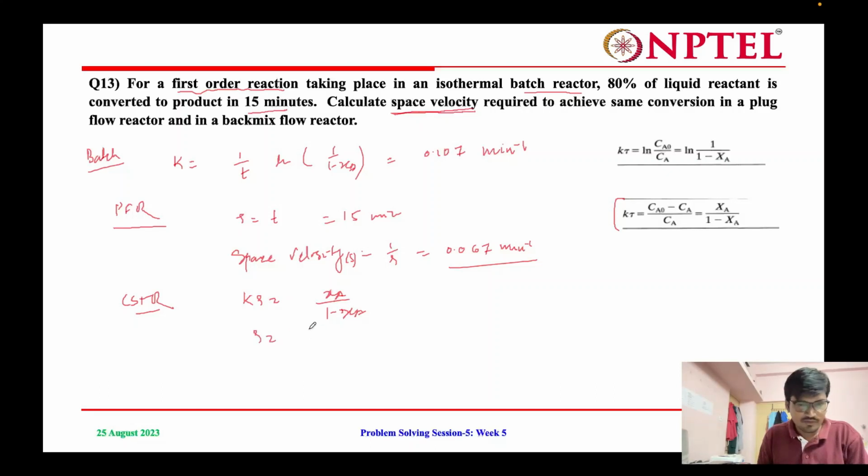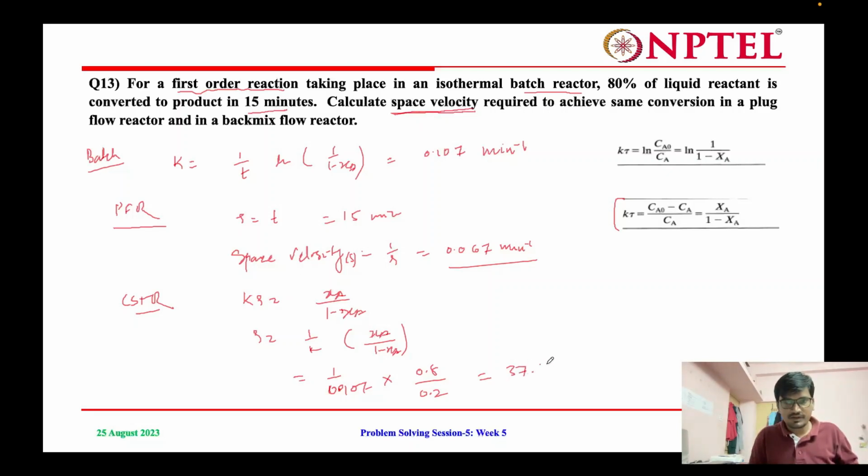So tau is equal to 1 by k times XA by 1 minus XA. We calculated k here as 0.107, so tau equals 1 by 0.107 into 0.8 divided by 0.2, which equals 37.38 minutes.